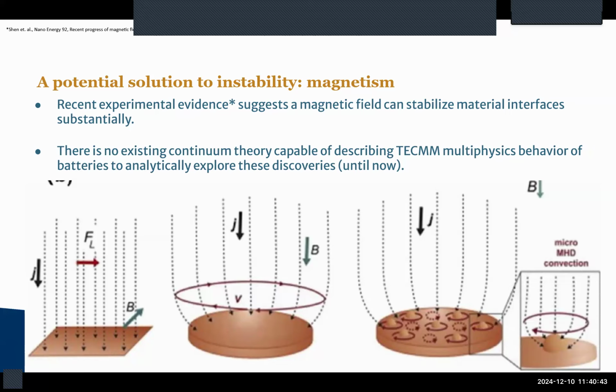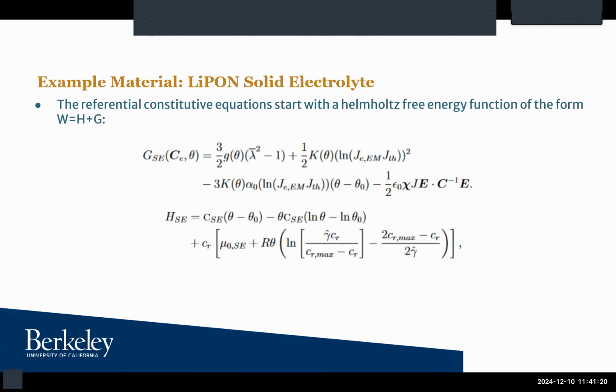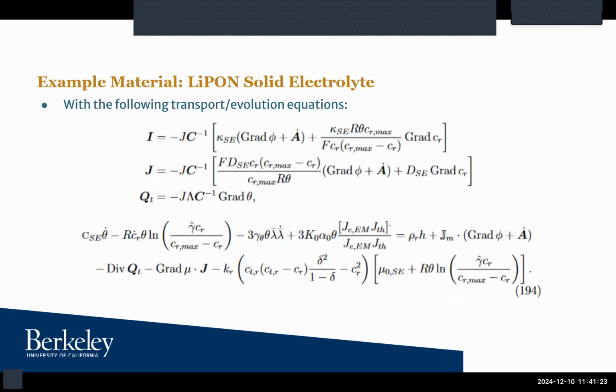So in principle, and what is postulated to be happening is that when current comes down to the surface of the battery, a micro MHD effect happens around these dendrite tips, which causes more uniform plating than just at the tip. It plates around these dendrites and effectively smooths them out. And so because of the magnetic field, you're able to smooth out the interfaces, which improves stability massively, just by changing the direction of the current. And that's what we're trying to show analytically, which hasn't really been shown in a simulation model.